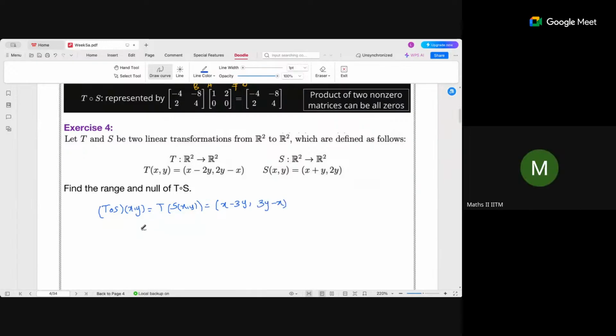Okay, so in this case, the matrix of the composition is 1, minus 3, minus 1, 3. Is that fine? Yes, ma'am. Okay, now tell me what is the range of the composition and the null space of the composition.